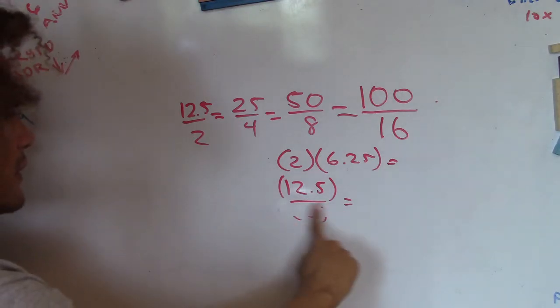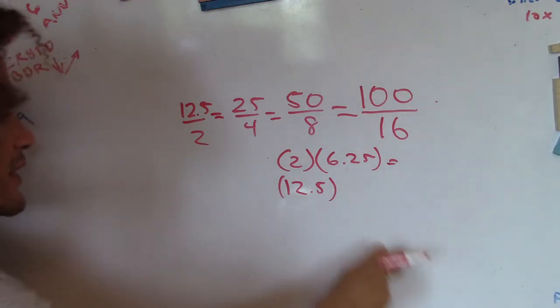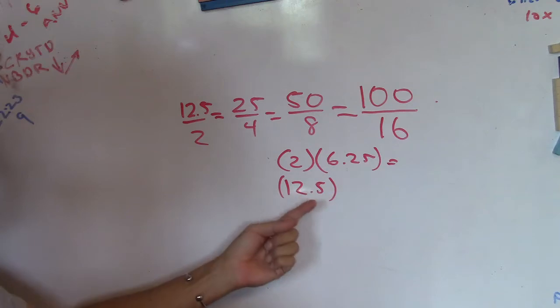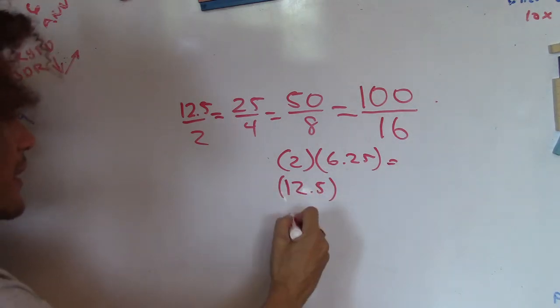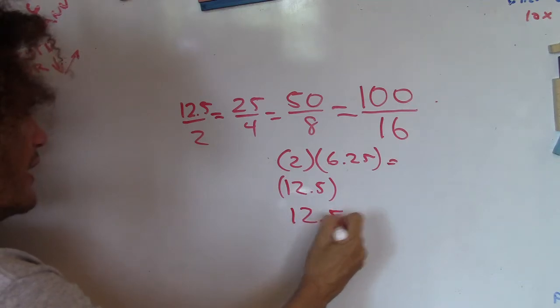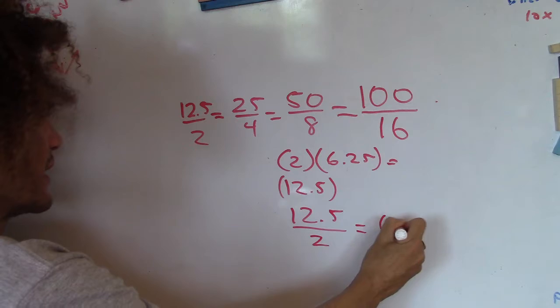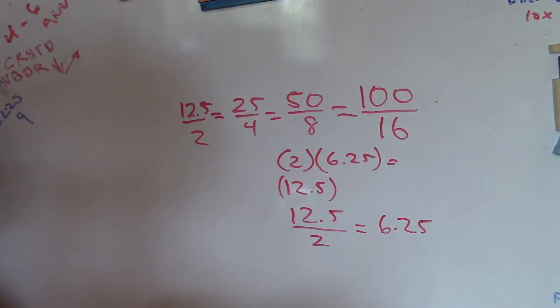Oops, sorry. Get rid of that. 6.25, there you go, yes. But that's what we're doing: this 2 times that is the same thing as that, and this is where I messed up. 12.5 divided by 2 is the same thing as 6.25. Should be simple and easy.